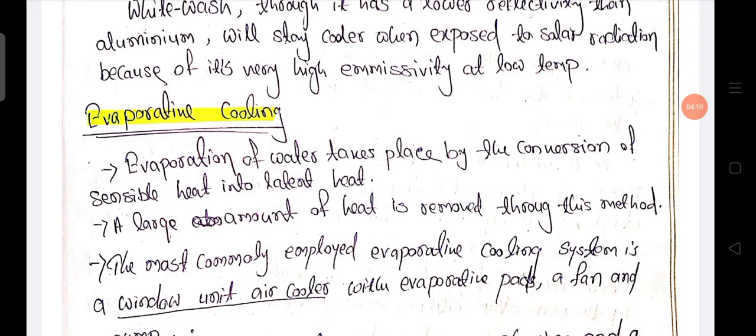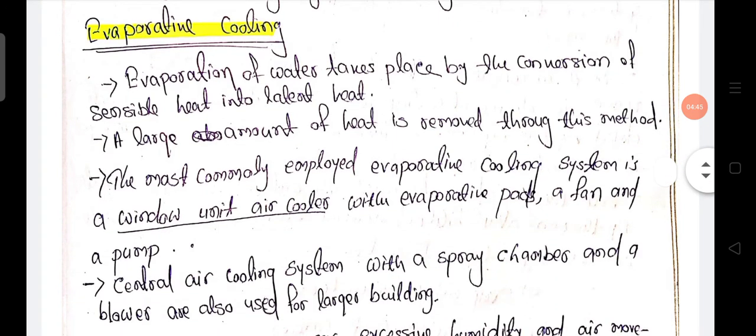In evaporation, the process involves a water sprayer, and the air is cooled using the water spray. A large amount of heat is removed through this method, and it is very common. The most commonly employed evaporative cooling system is a window unit air cooler, which has evaporative pads, a fan and a pump.